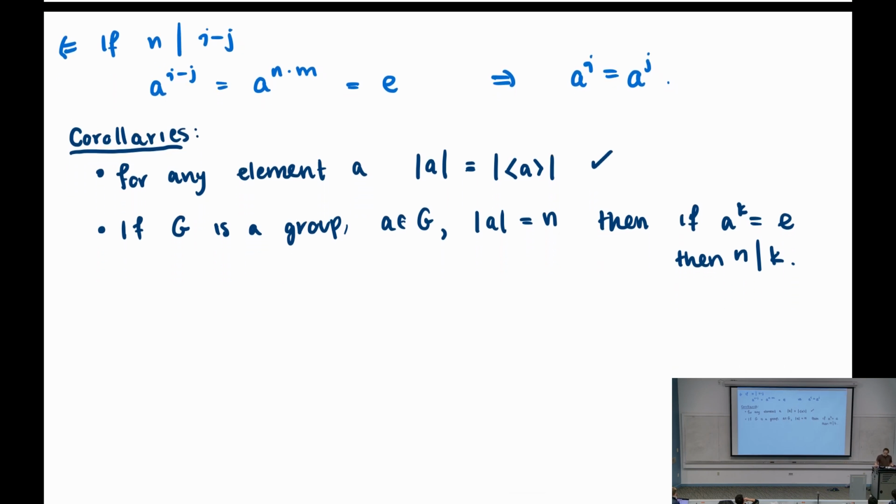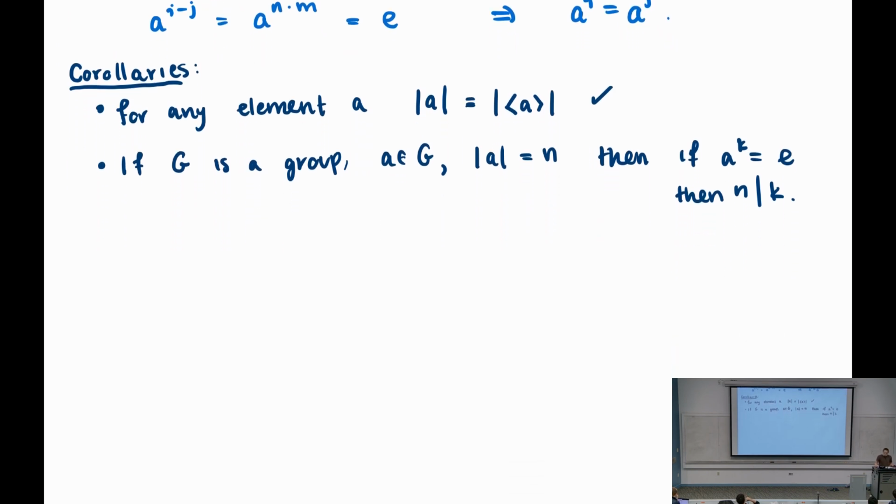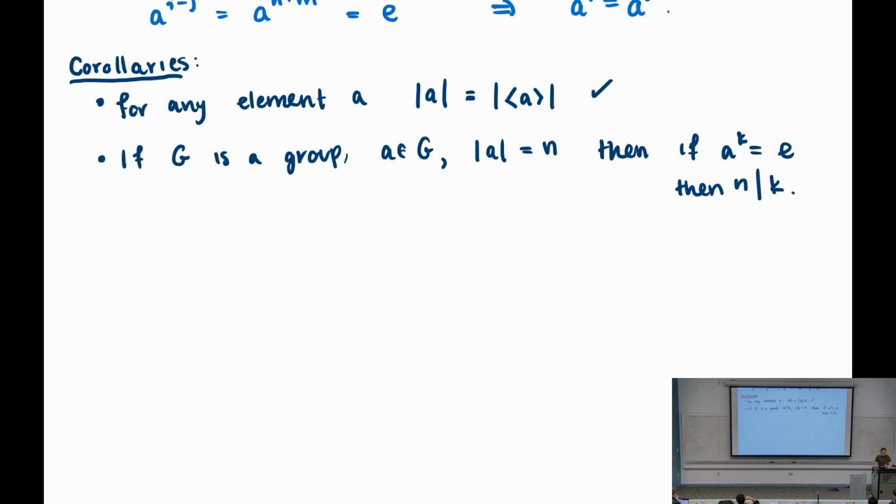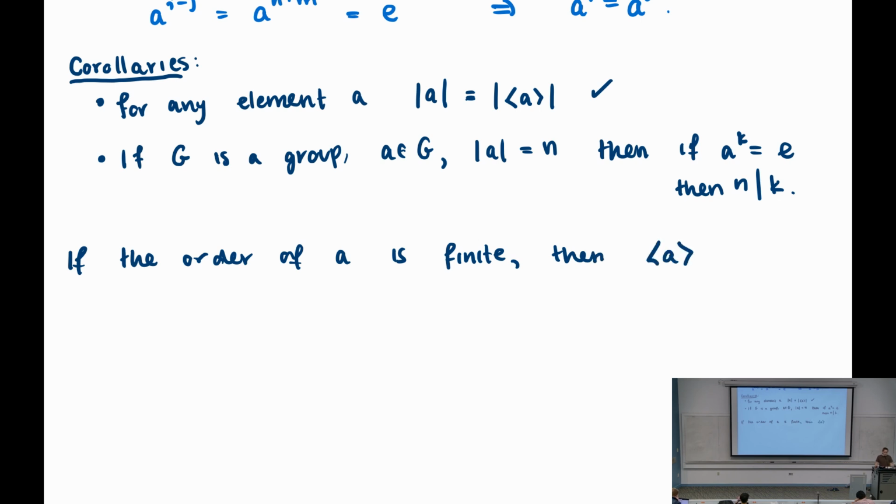Okay, so let's just take a step back and look at the big picture of this theorem. If the order of a is finite, then what is the group operation in the subgroup generated by a?